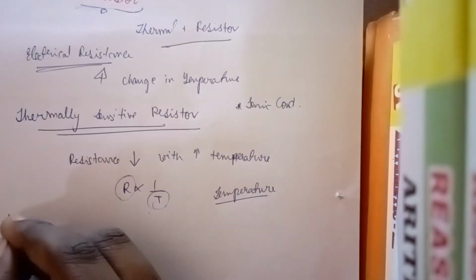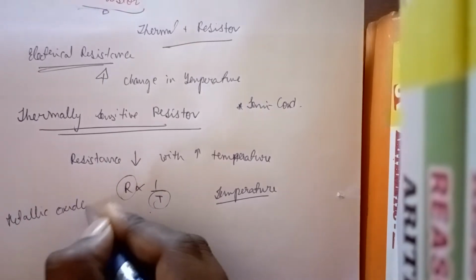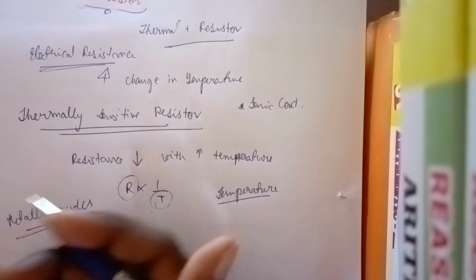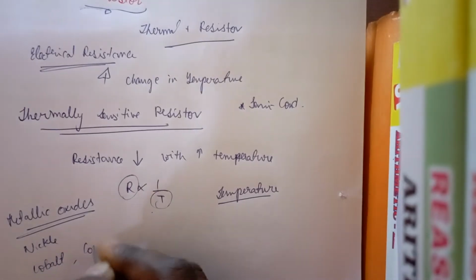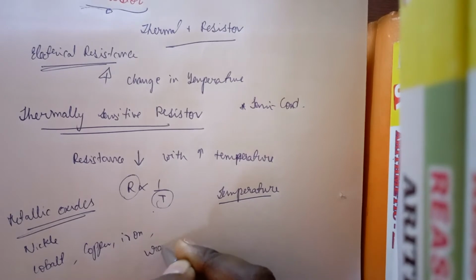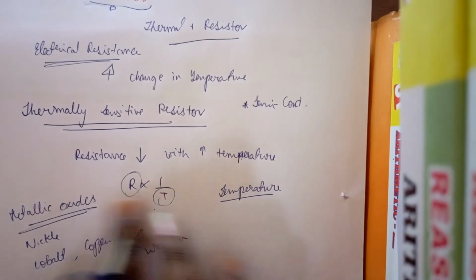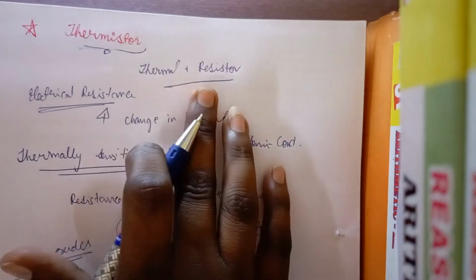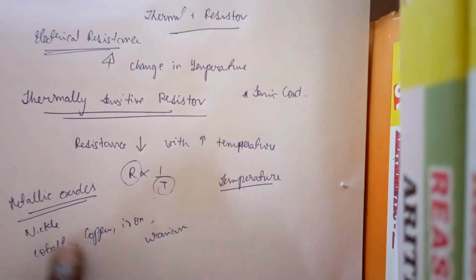It's made up of different types of metallic oxides, a mixture of metallic oxides like nickel, cobalt, copper, iron, uranium. So the mixture of these metal oxides will give you a thermistor.